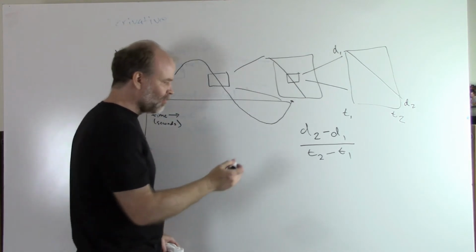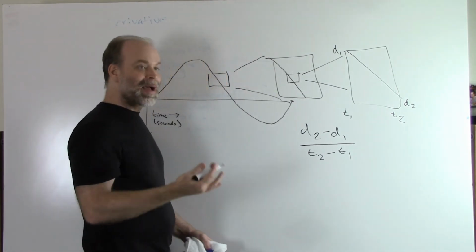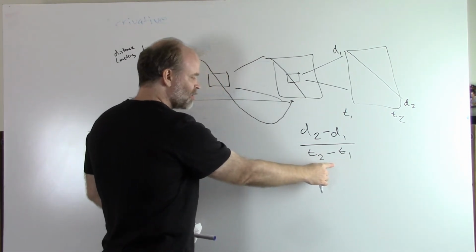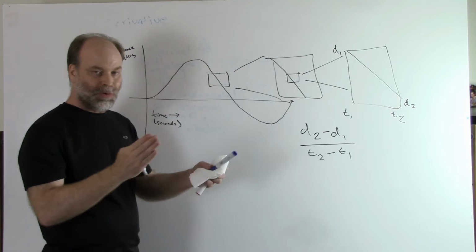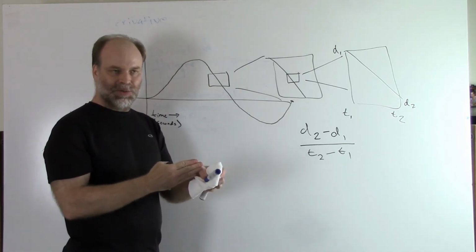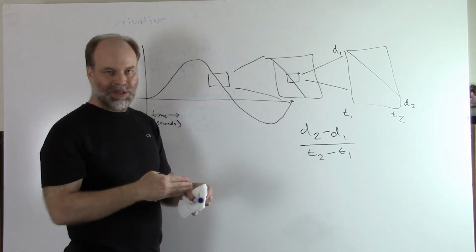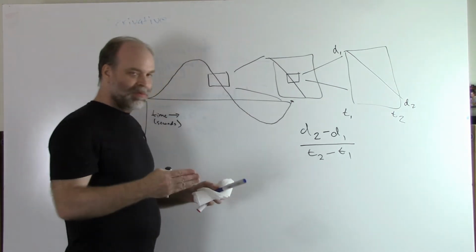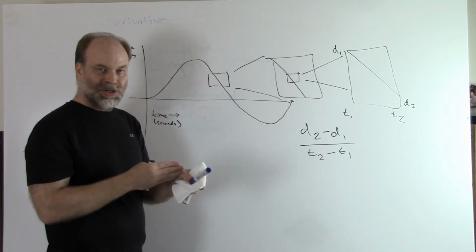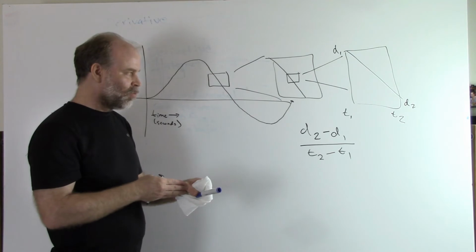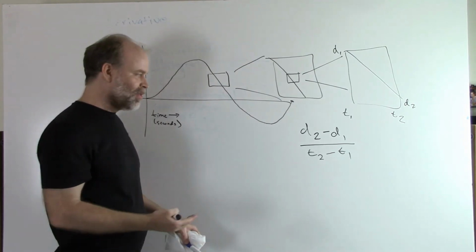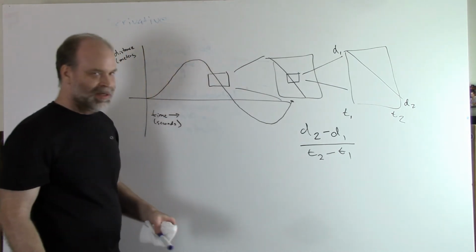So we imagine a process by which we can bring these 2 points towards each other forever, even to the extent that they actually are the same. We can't really make them the same, but as they come closer and closer together, the ratio will be getting closer and closer to some number, which is the true velocity.